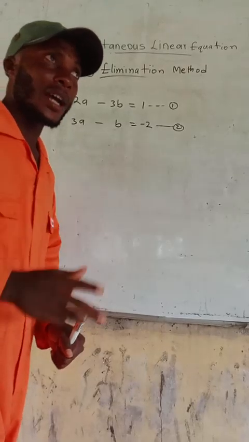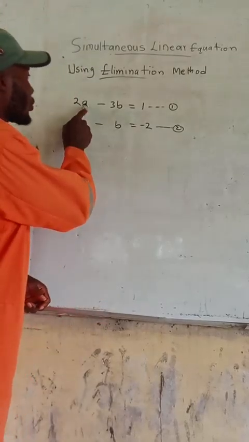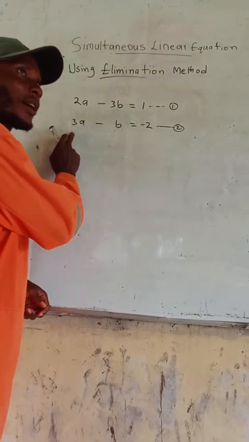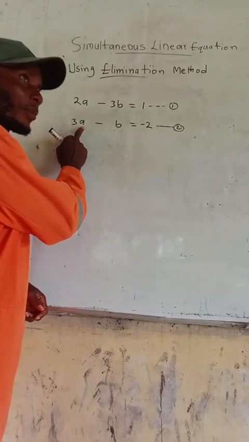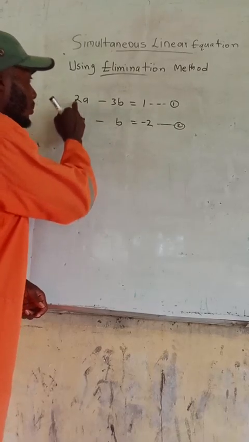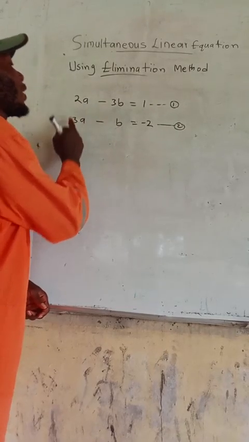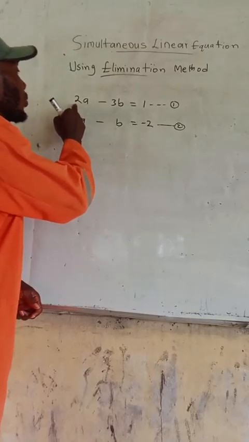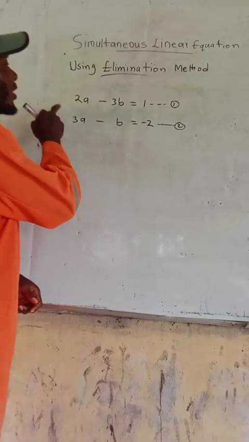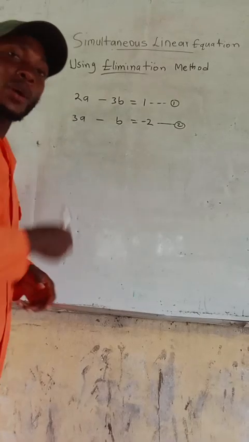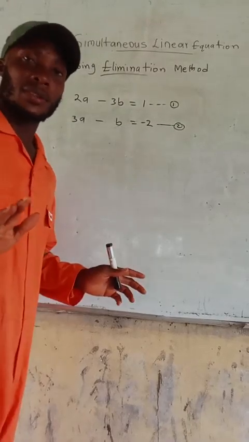The conditions are: the coefficient, the number with the alphabet, should be the same in equation 1 and in equation 2, but their signs should not be the same. That is the condition.